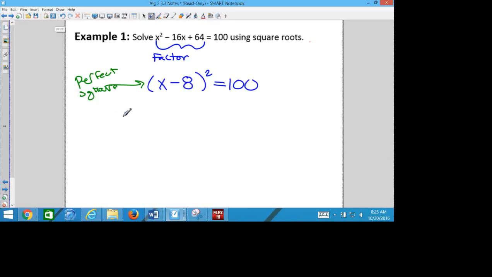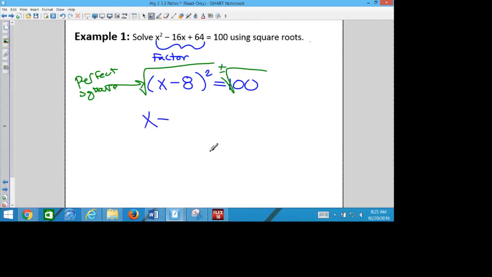So to undo squared, we square root. So I'm going to go ahead and square root both sides. But if I square root, I also have to have what, Sandra? What do I need? Plus minus. Thanks. Plus minus.